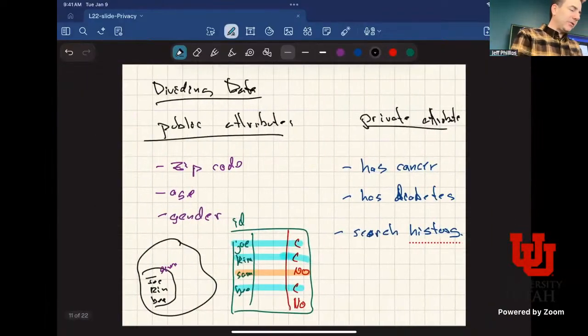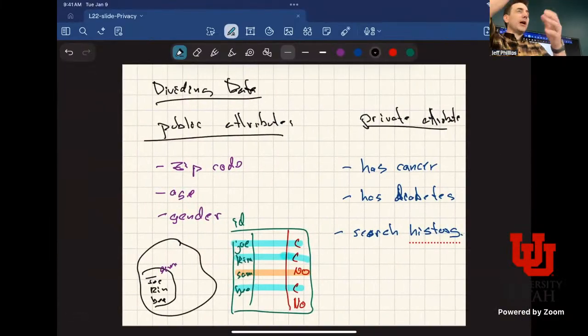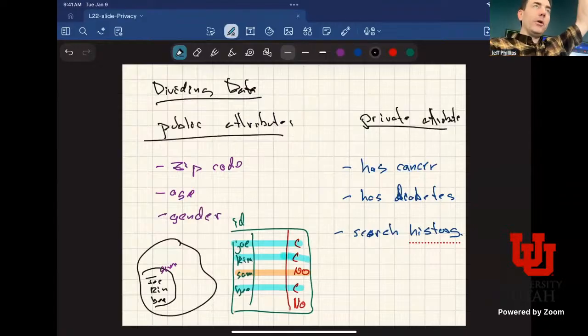I have taken the full data set and chopped it up into pieces. So every unique set of attributes in my full database, of all the people who live in the state of Utah, appears for at least k people. They have the same attributes.